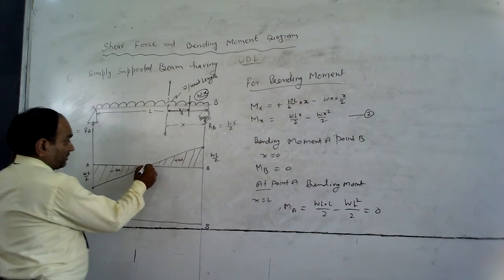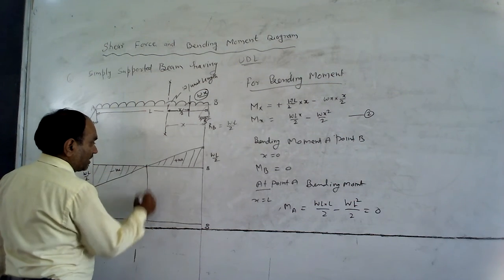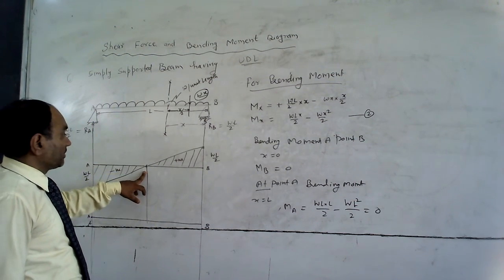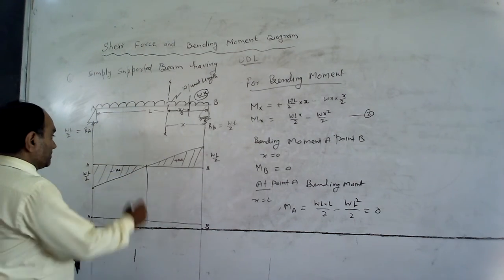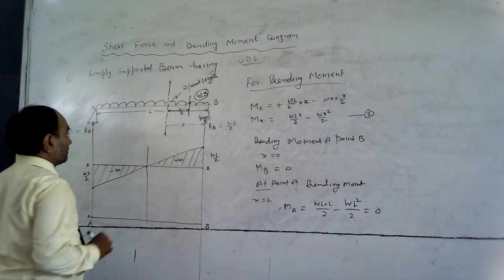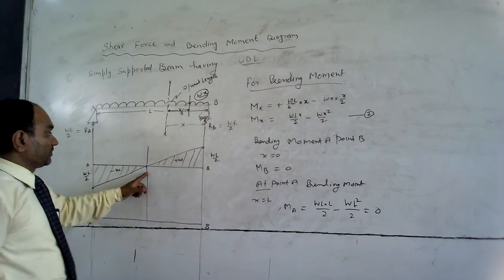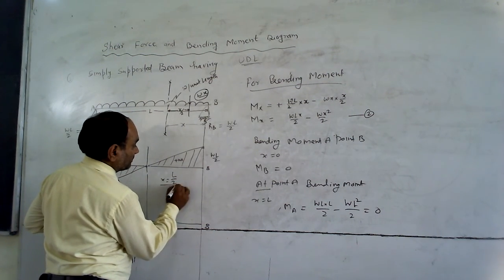It means the shear force is 0 over here. At this point, the bending moment will be maximum. So this is a midpoint. We can easily find out because there is a similarity between this figure and this figure, so easily we can find that x equal to L by 2.